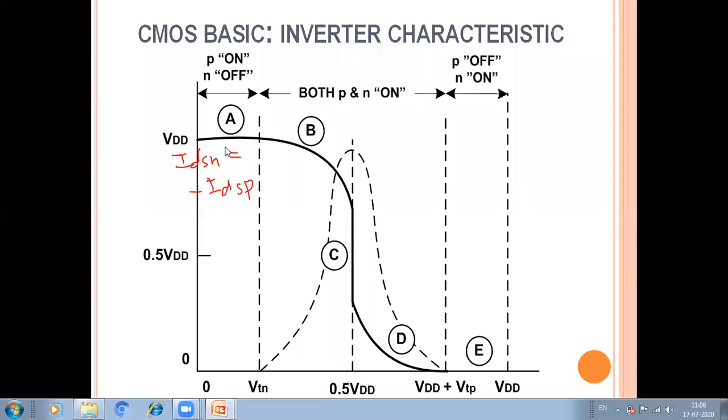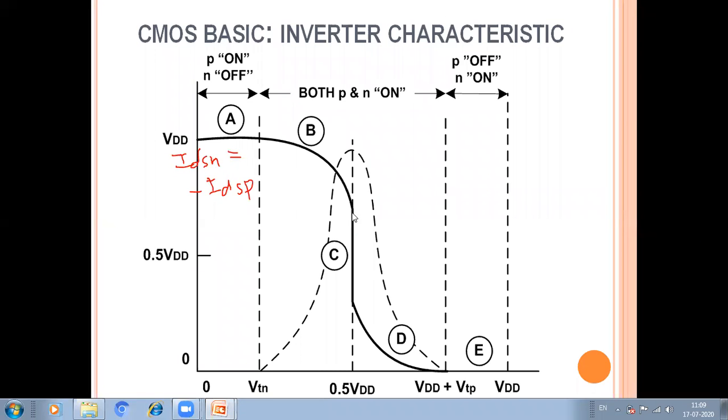So the N device acts as a current source, and the P device is in the non-saturated region. That region can be represented by a resistor for the P device and a current source for the N device.